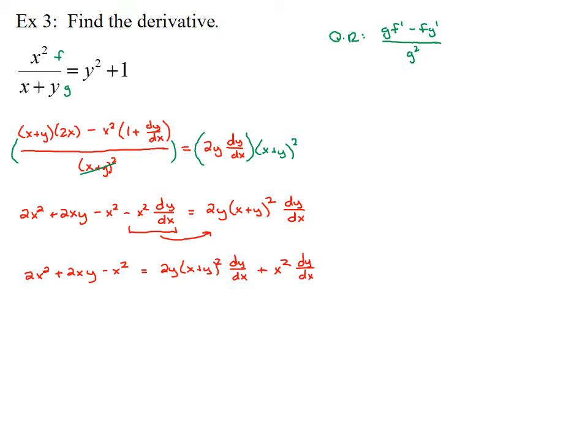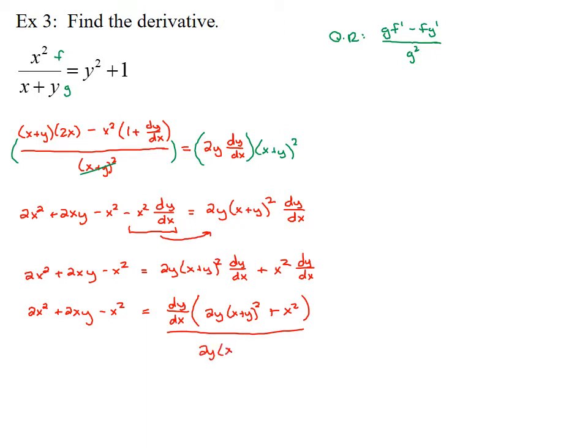Now we're back to that same factoring technique. So you're going to have a 2x squared, the left-hand side won't change, plus 2xy minus x squared is equal to, if I factor the dy dx out, that's going to leave me with a 2y times x plus y squared plus an x squared. And then we're going to divide everything by what's inside this parenthesis.